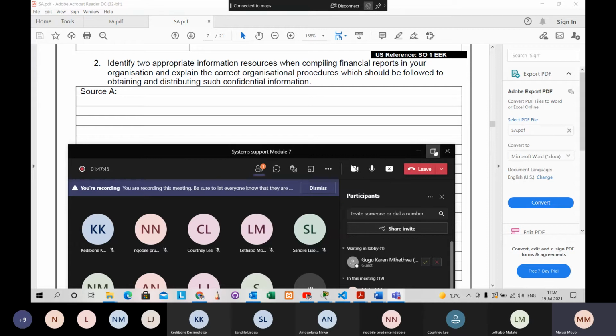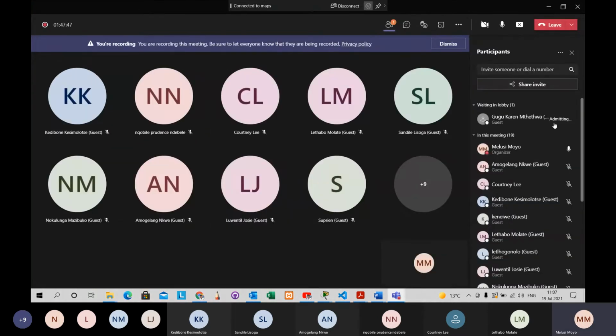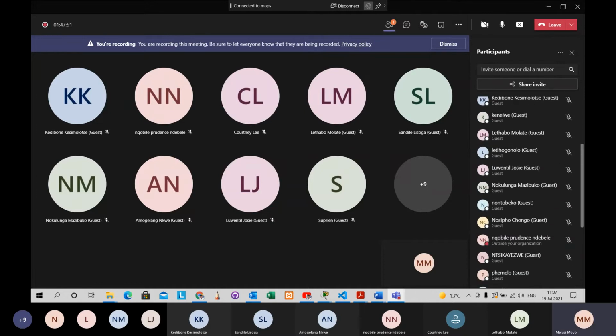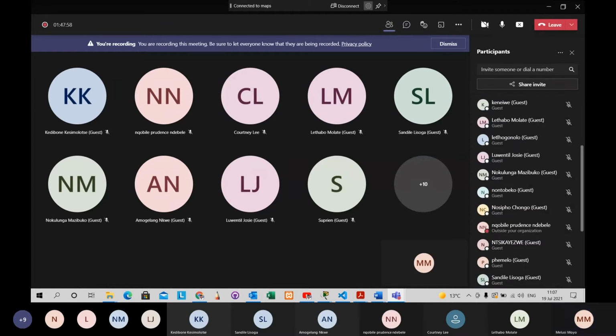Let's ask Nosipo. Nosipo, are you still online? What's the procedure? What are the policies when it comes to distributing pay slips to employees? Is there a policy or a procedure that needs to be followed, or do we just receive the pay slips and then give them to people like that?